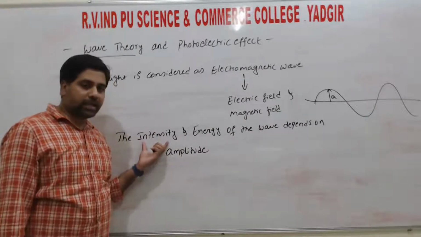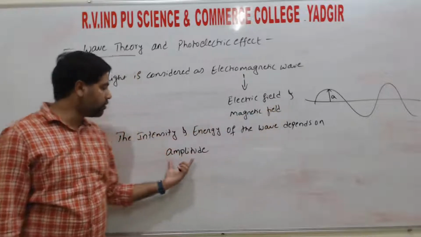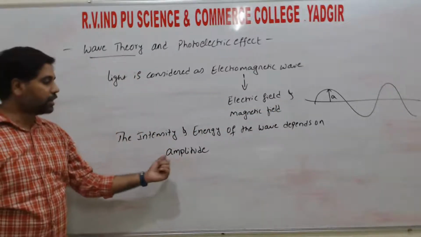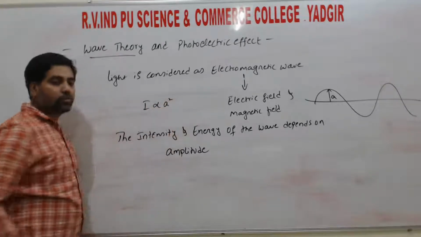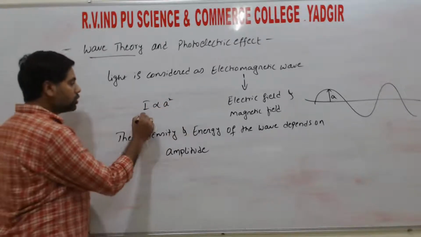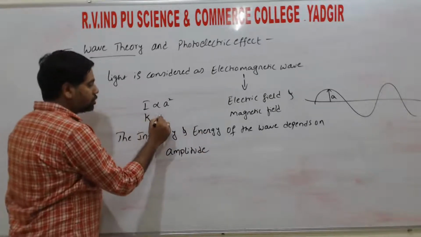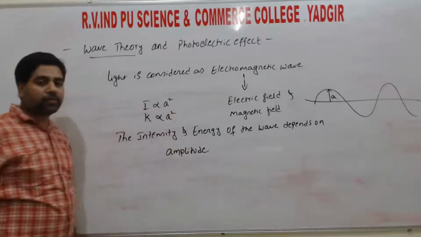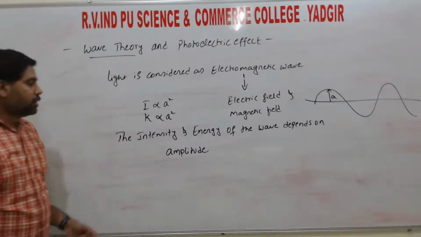So the intensity and energy of the wave depends on what? Amplitude, right? Intensity varies as the square of the amplitude, and also the kinetic energy depends on the square of the amplitude, right?